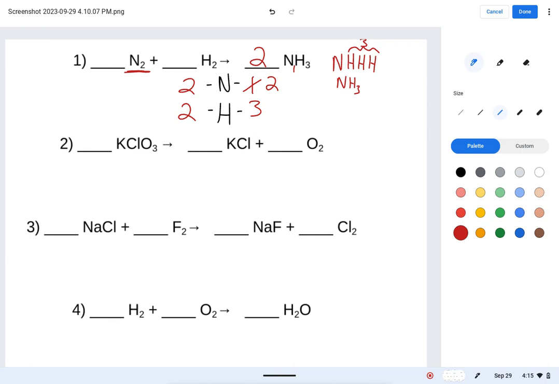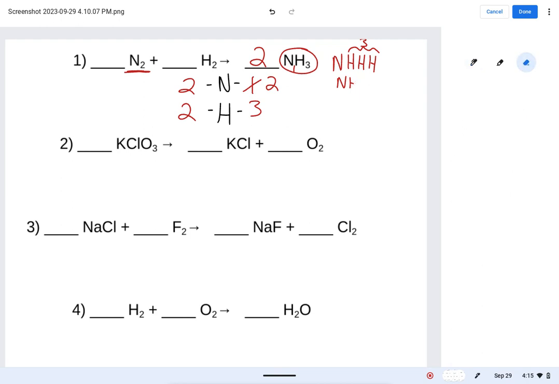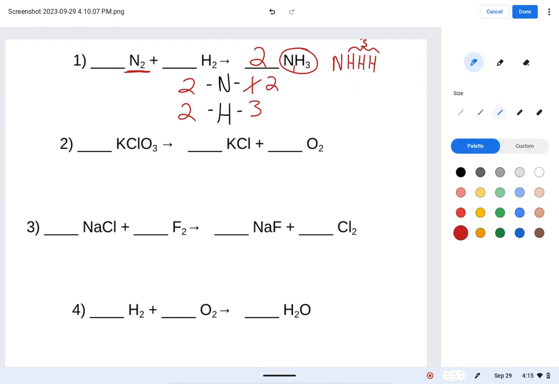So we got that and the hydrogens. So looking at the hydrogens, we've got part of the molecule. There's 3 hydrogens. But because now there are 2 of this whole molecule, if we're keeping with what we were doing a second ago, we've got NHHH.